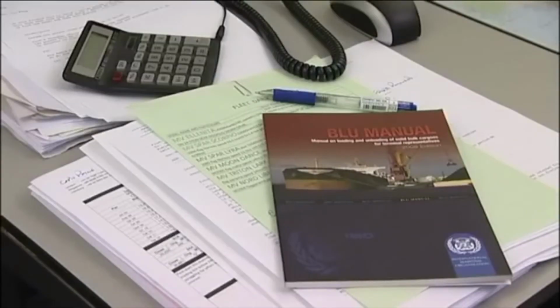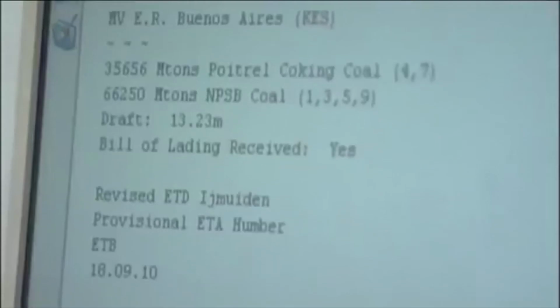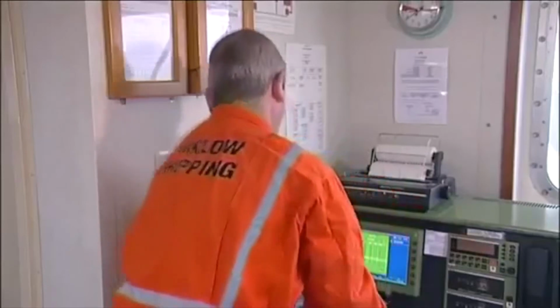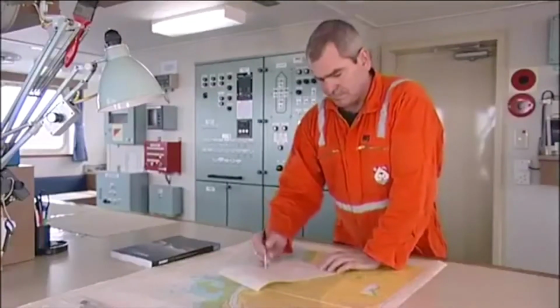And as with any successful partnership, establishing good, clear communication early in the relationship is vital. Once a charter or commercial voyage has been fixed, it's important that the ship is provided with preliminary information about the prospective cargo and terminal, so that loading or unloading can be planned.